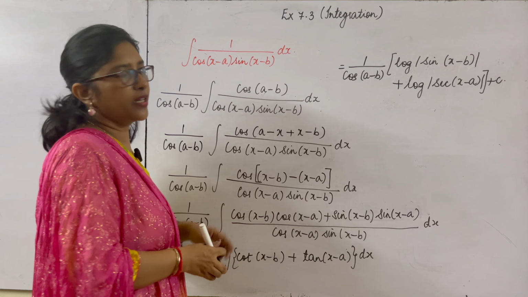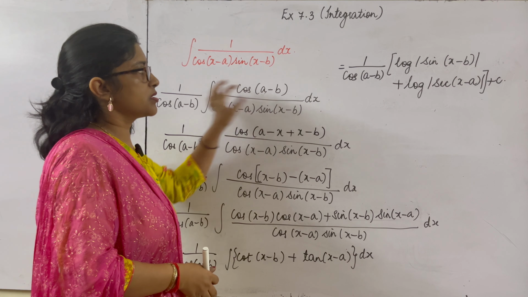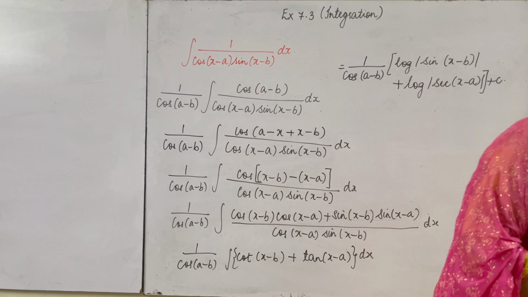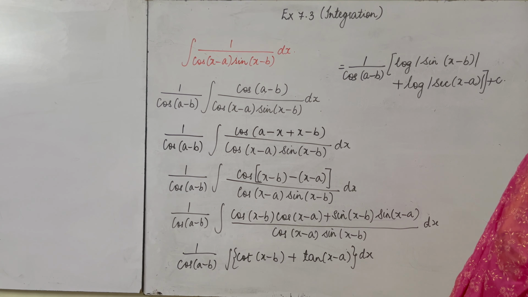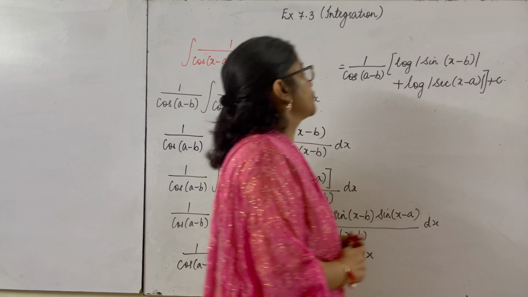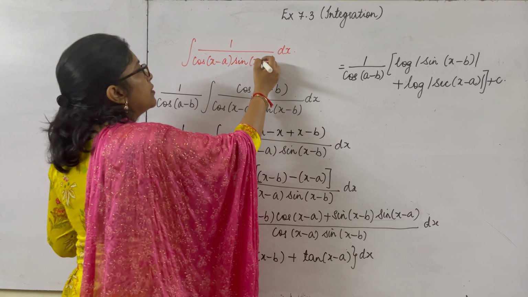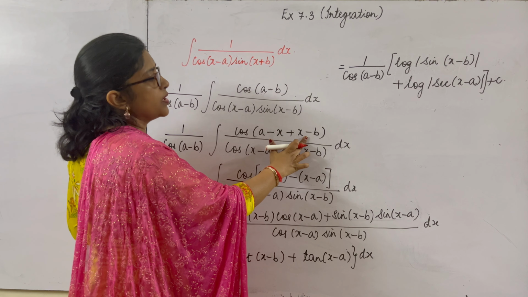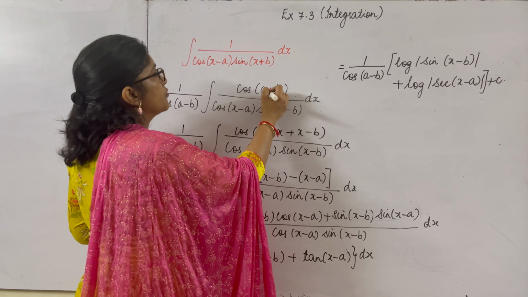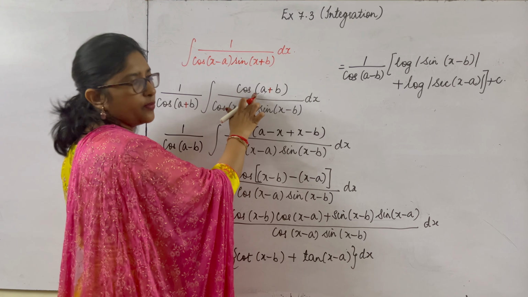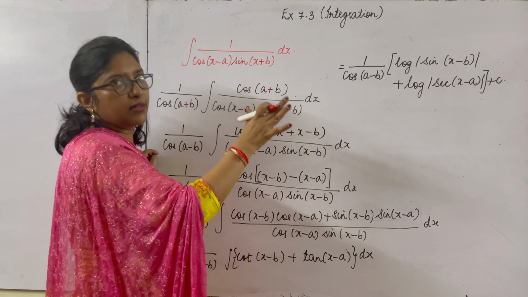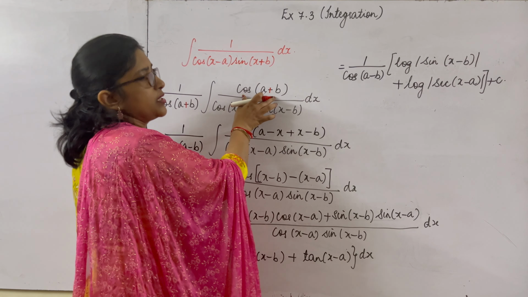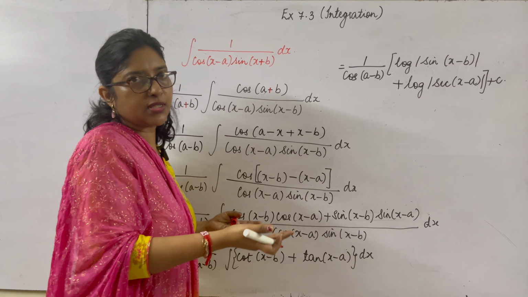So you just have to multiply and divide with cos of the angle over here. Now in case over here we had a plus sign, then we don't want x minus b, we want x plus b. So we would have to multiply and divide with cos a plus b. Depending on the angle, again you have to see whether you should take cos a minus b or cos a plus b, and whether you should multiply and divide with sine or not.